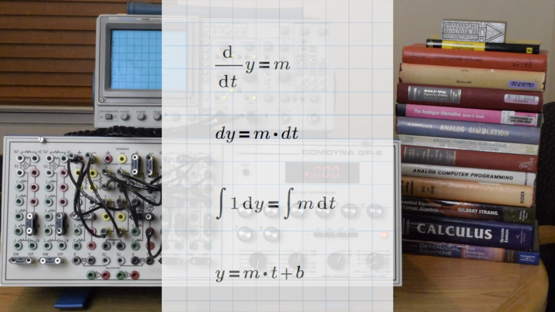So if you were going to solve that differential equation, as simple as it is, it could be solved by separation of variables. You start with dy/dt equals m, and then you multiply effectively both sides by dt, so then you have dy equals m times dt.